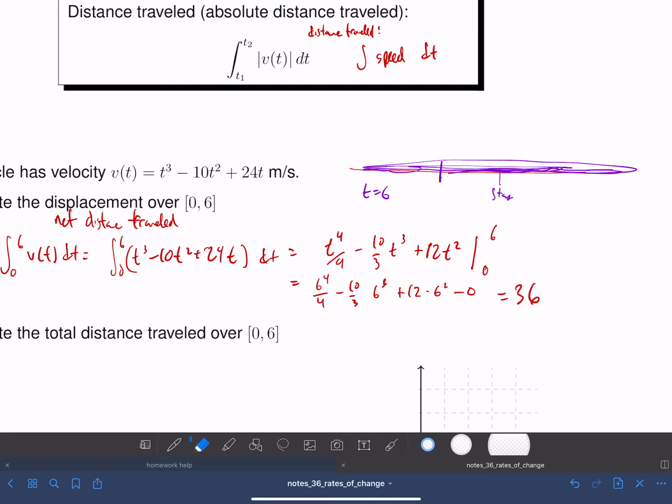So I guess it can't have possibly stopped there. When it stops, it's 36 units from where it started. Oh, I made a mistake here. It's 36 units from where it started, not from the origin, because we don't know what its original position was.